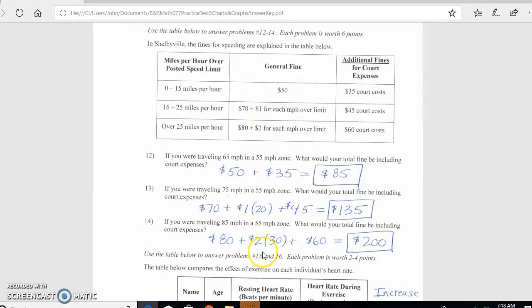So $2 times the 30, because we're going 30 miles over the speed limit, we're paying $2 for each of those 30 miles per hour over the speed limit. And then we have a court cost of $60. So we add these together, 80 plus 60 plus 60, and the total is $200.